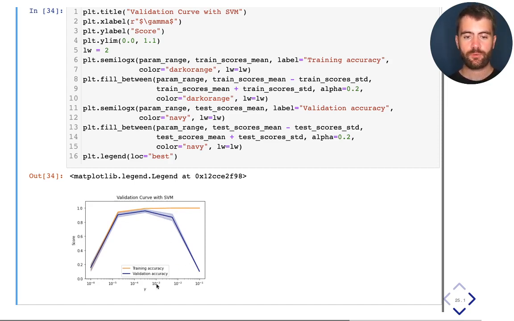worsens, which means that for values of gamma in this range, between 10 to the minus 3 and 10 to the minus 1, the model starts to overfit the data. By having a gamma that is high, on the order of 10 to the minus 3 or 10 to the minus 2 or 10 to the minus 1, we increase the expressivity of this model, which gives it high performance on the training set, but bad performance on the validation set, which is a sign of overfitting.